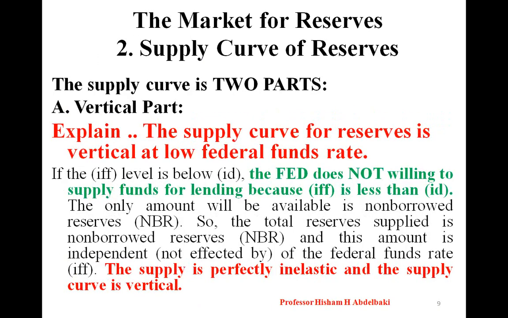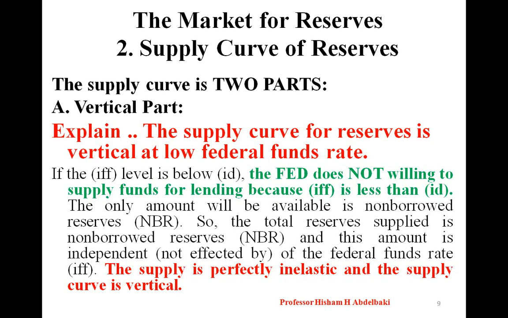So when the supply curve is the vertical part, the central bank isn't willing to supply funds for lending because FF is less than ID. Only a fixed amount of reserves is supplied for financial institutions to borrow.